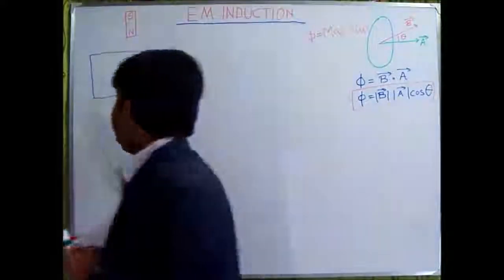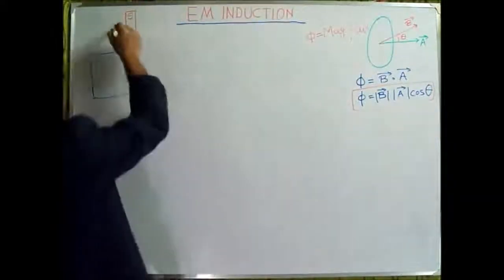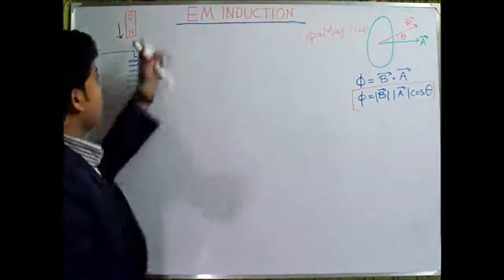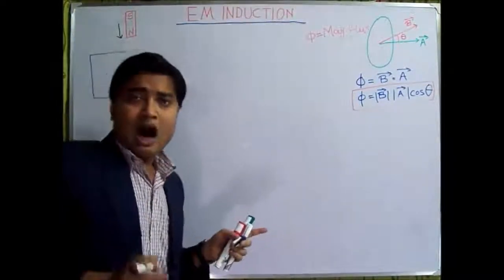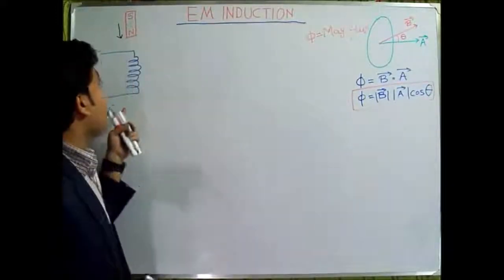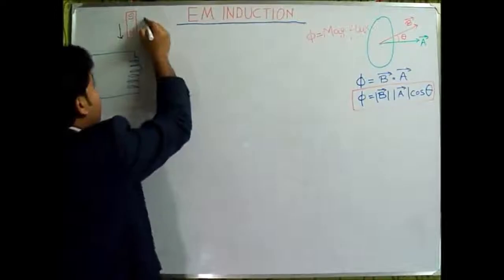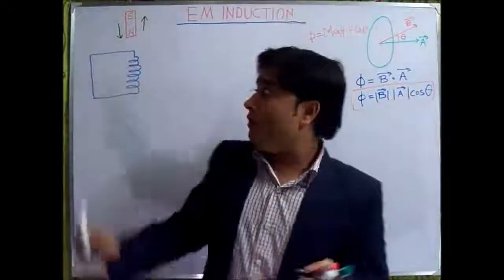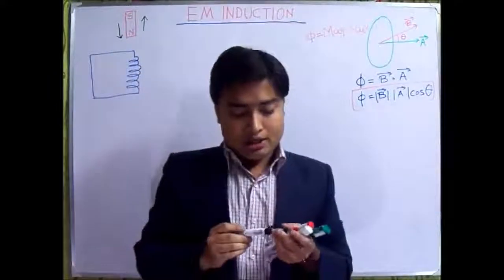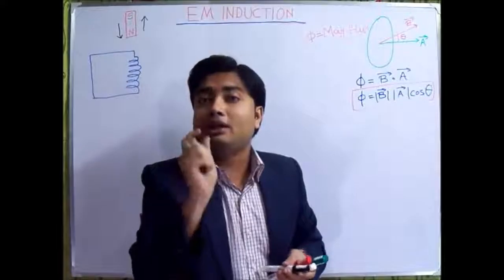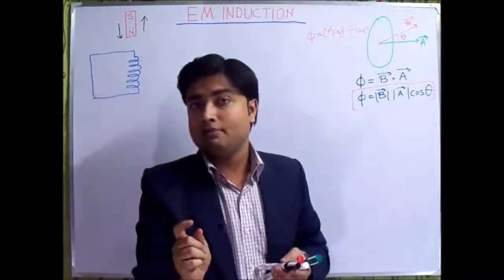But on the contrary, if we start moving this bar magnet either towards this coil or away from this coil, a change of magnetic flux happens with respect to time.